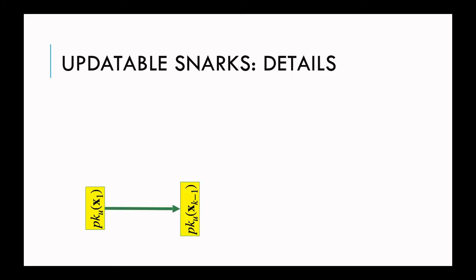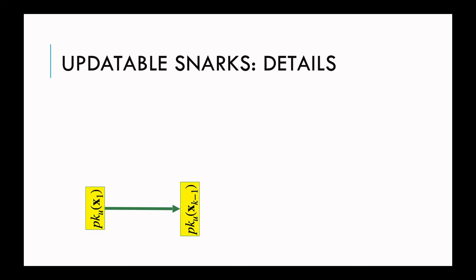So how is updating done in more detail? You have a universal public key that corresponds to some initial choice of the trapdoors, and then you have multiple updaters who update this public key. They take the trapdoors and they implicitly change the trapdoors so that the new trapdoors will contain randomness chosen by the new updaters.